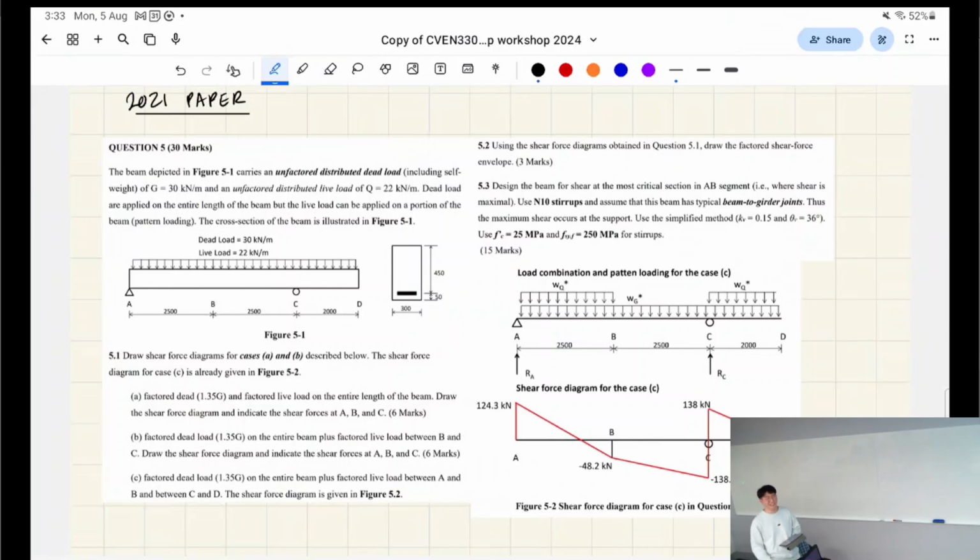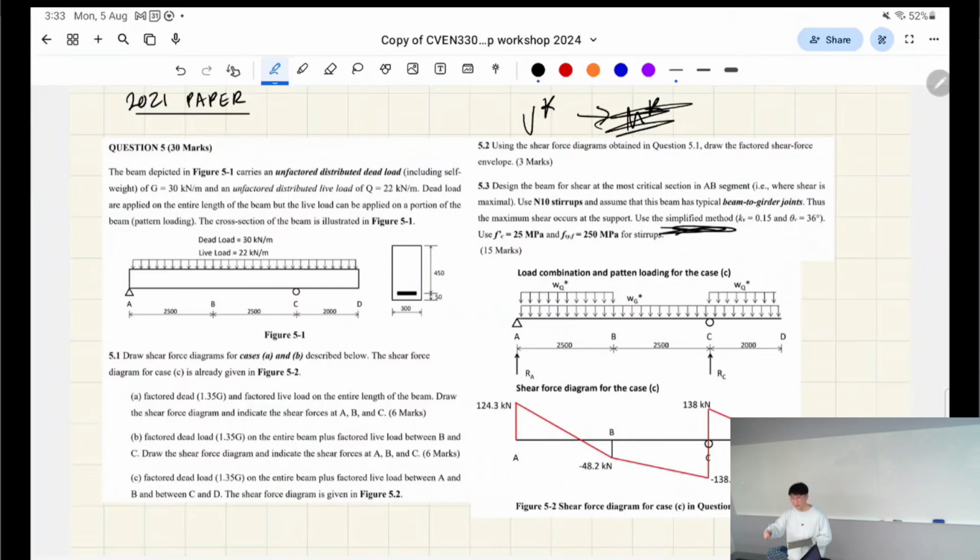Okay, basically here's how it works. You're gonna have to apply what we did before to find shear, and then we used it to find M star. But I'm pretty sure we don't need M star, because we're gonna use the simplified method.